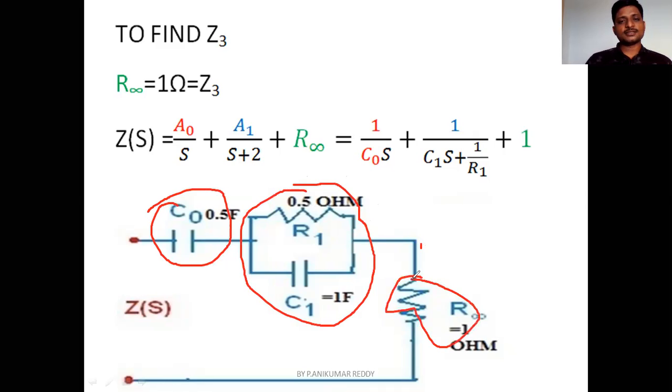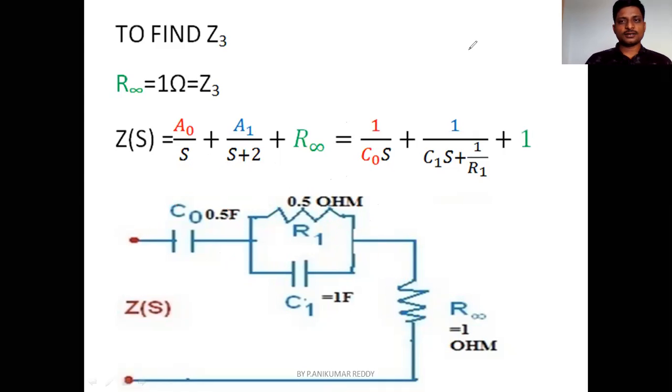These three combinations must be in series because we are writing Z of S equal to Z1 plus Z2 plus Z3. If you are adding impedances, you draw the diagram in series, and if you are adding admittances, you draw them in parallel.